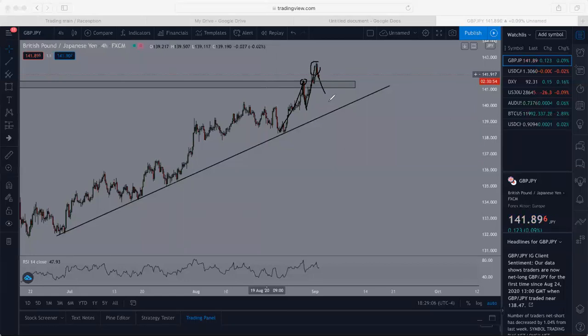It's going to pop below to the trend line, come back up, and then what chart pattern is that? If anybody knows. Yeah, head and shoulders. Perfect. Exactly. Head and shoulders. Exactly.